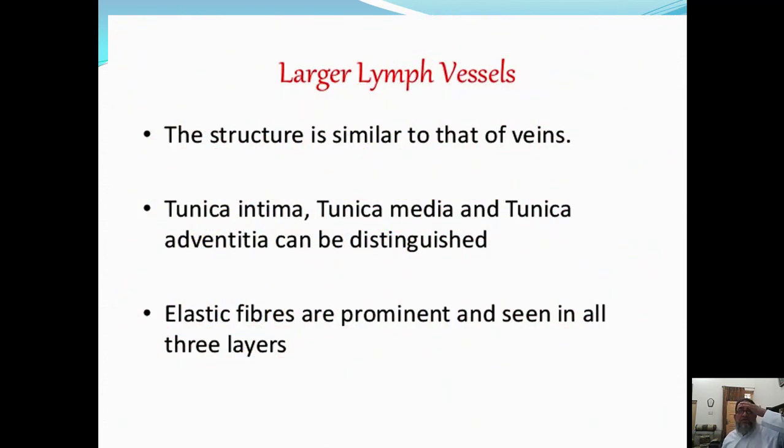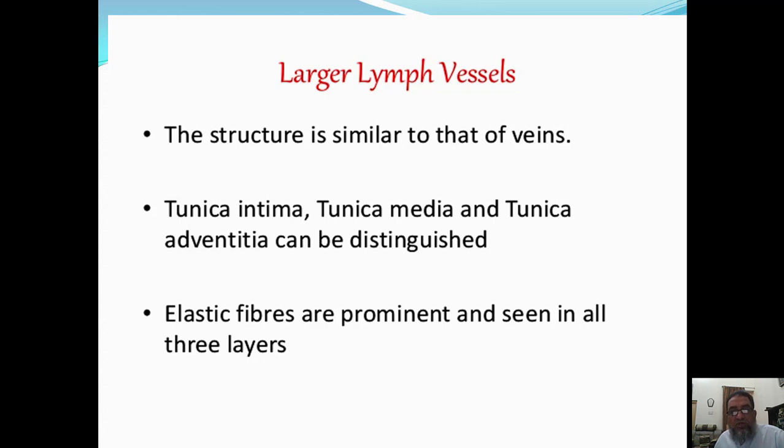What are the larger lymphatics? The structure is similar to that of the vein, that is tunica intima, media, and tunica adventitia. You all know the three layers of the blood vessel, especially the vein. Tunica intima, media, and tunica adventitia can be distinct. But the elastic fibers are prominent and seen in all layers, because these lymphatic vessels are elastic in nature.